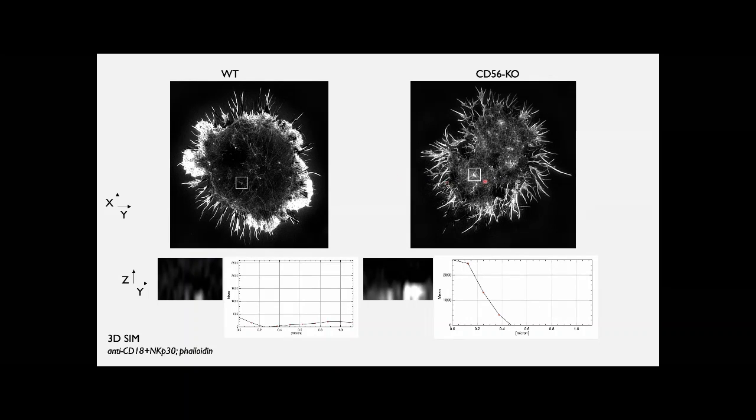And so when we look more closely at these using 3D structured illumination microscopy, what we can see is that they're both bigger in the XY plane. So we see these large foci. And then when we look up into the cell from the Z perspective, we can see that they're taller as well. So they seem to be these large, dense accumulations of actin within the cortical actin network.